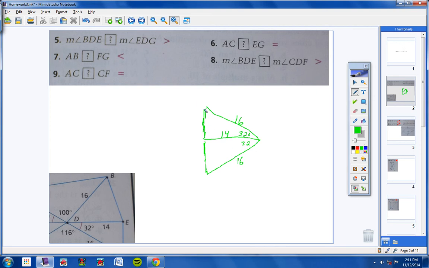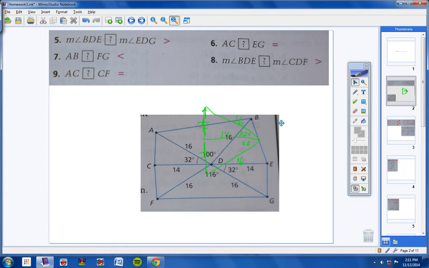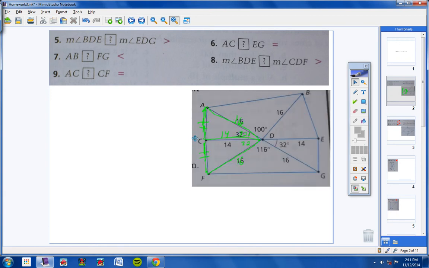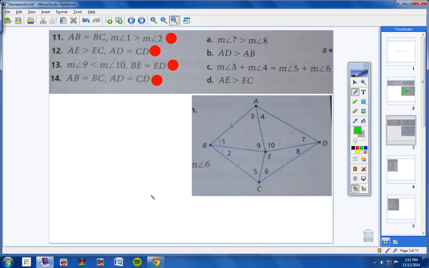So this segment here has to be congruent to this segment here, because the two triangles are congruent. And if the two triangles are congruent, then all of their parts have to be congruent. So, AC is equal to CF. They're congruent.